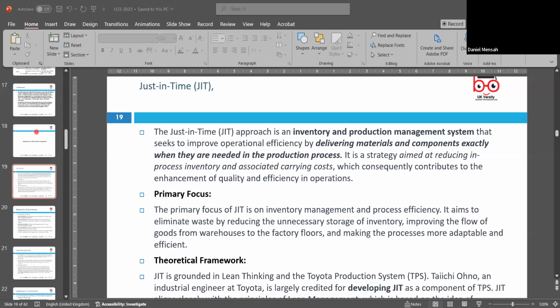It is grounded in the concept of lean thinking and the Toyota production system, which we have already discussed in session 1. From that perspective, lean thinking is about continuously improving operations to increase value by eliminating all kinds of waste.